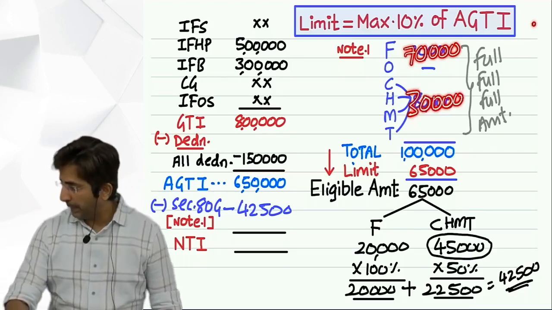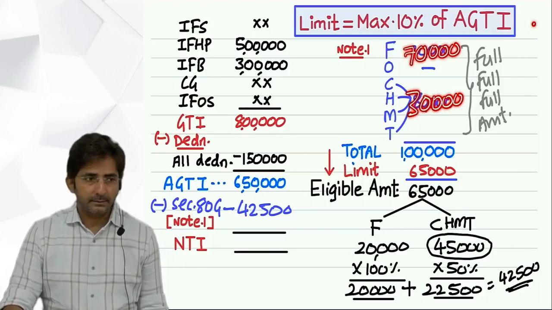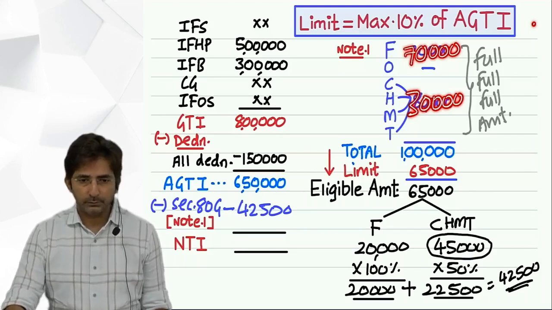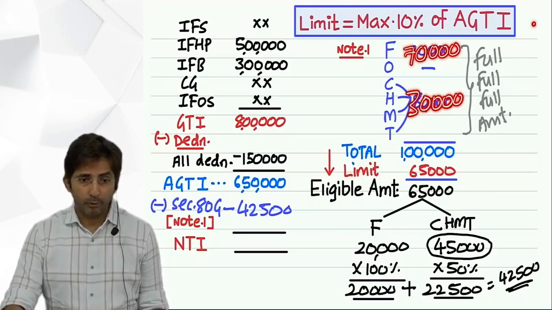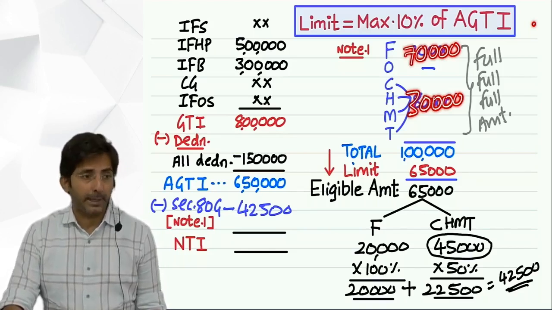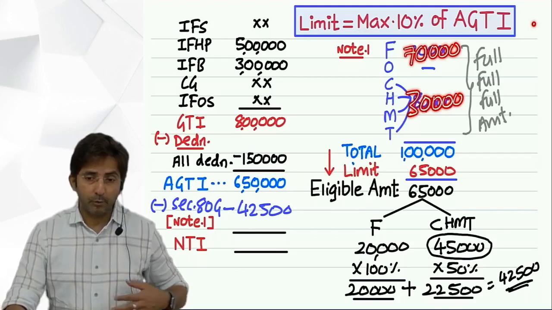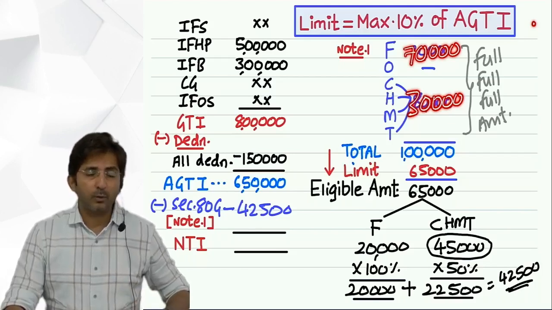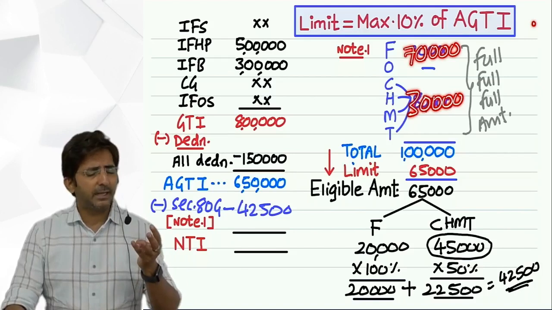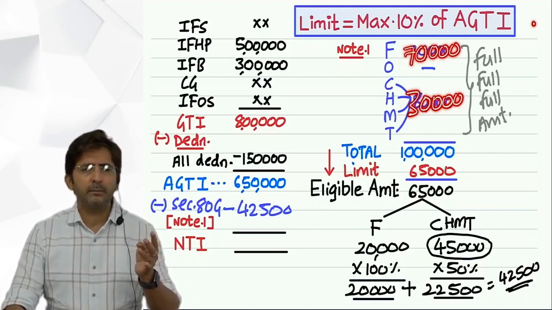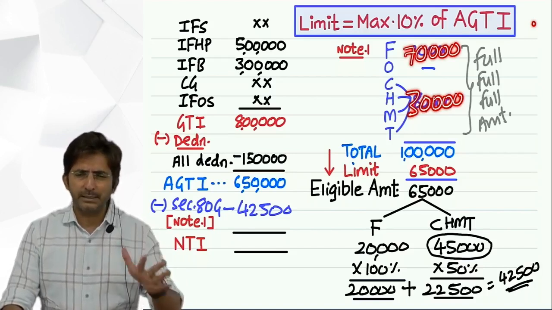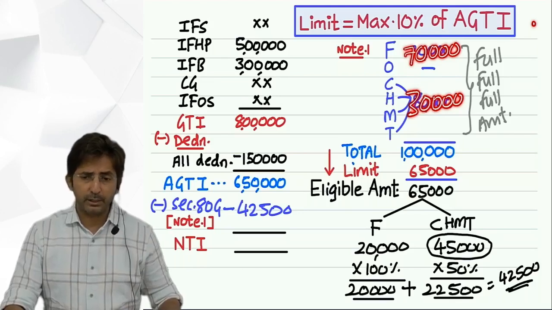I am assuming family planning as 70,000, means I have donated a lot in family planning. Plus I gave some donation to Chamat also. What is Chamat? Charitable, Housing Development Authority, Minority Community, Temples, etc. There I have given a donation of 30,000.